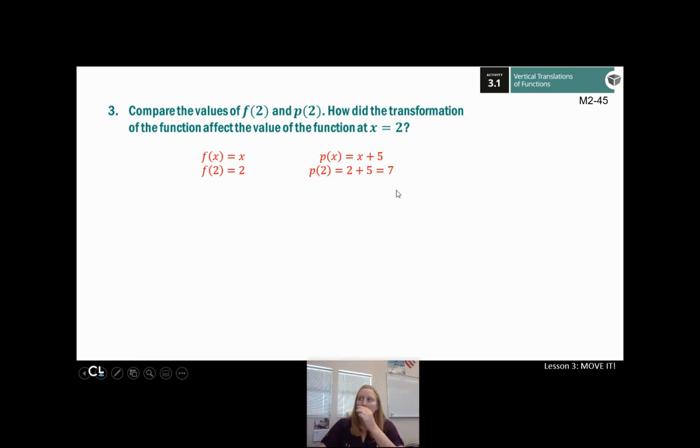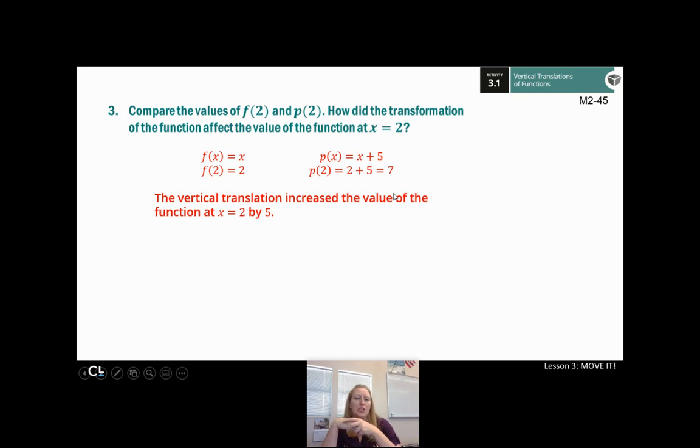So it looks like my y value went from 2 to 7. So sure enough, this vertical translation increased the value of the function at x equals 2 by 5, which is what it should be doing, right? We know that it's going to increase our y values by 5. It's just what happens.